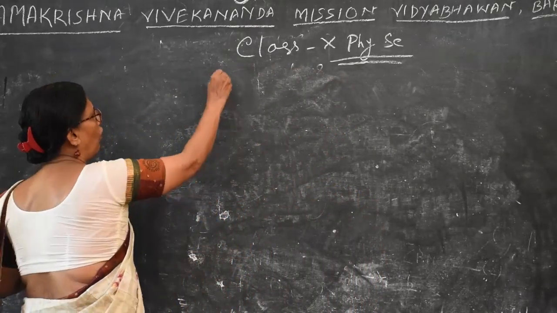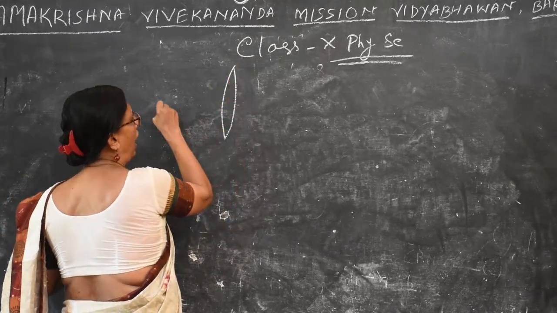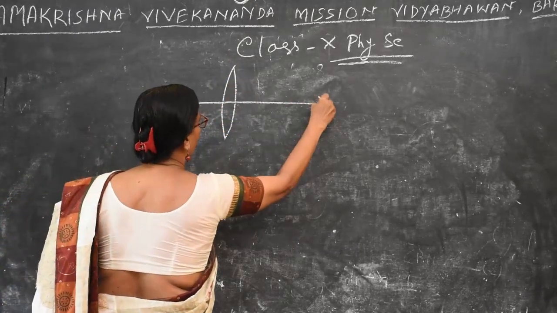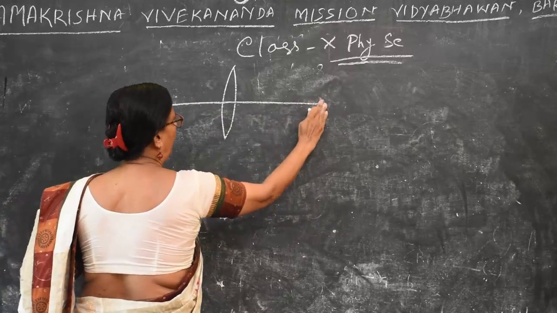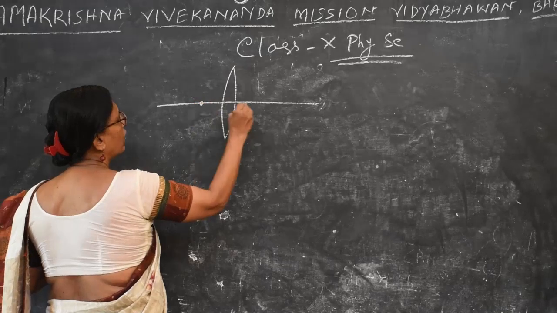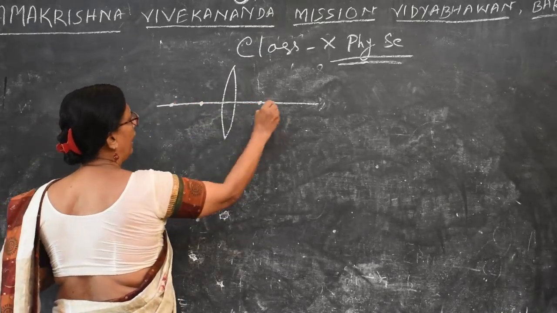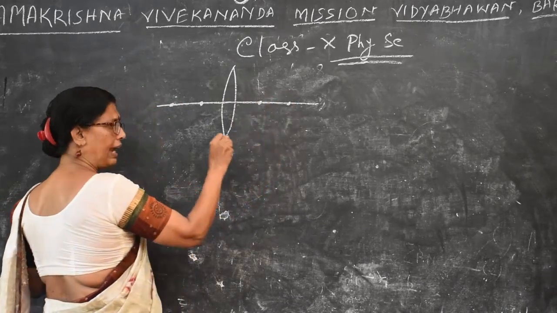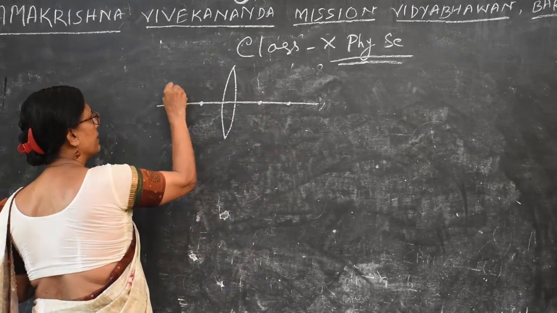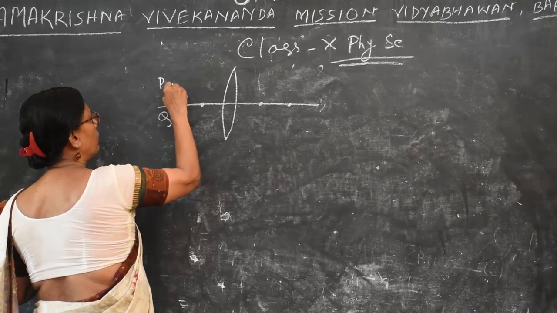So when you draw an image, you draw a very thin lens, practically possible a great principal axis, and there is a focus, equal distance focus here, there is a double focus, and here is a two-way distance. There is a PQ object. It is an object for this one, PQ.